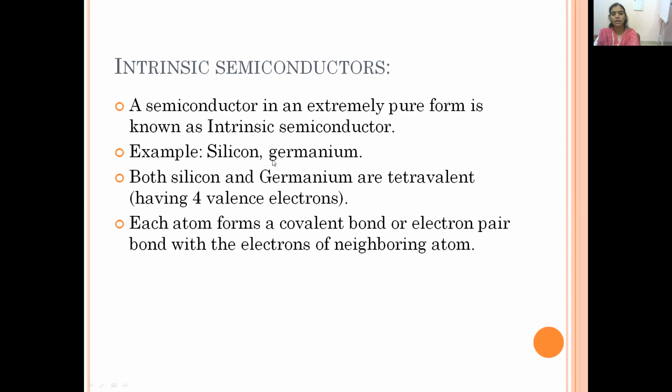For example, silicon and germanium. Both silicon and germanium are tetravalent, which means they have 4 valence electrons. Each atom forms a covalent bond, or electron pair bond, with the electrons of a neighboring atom.